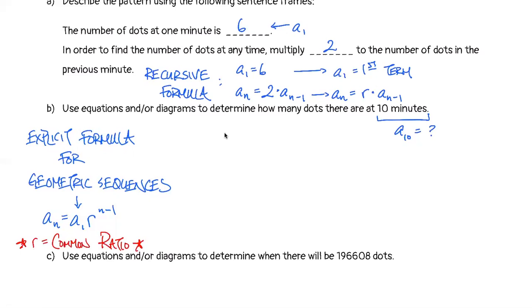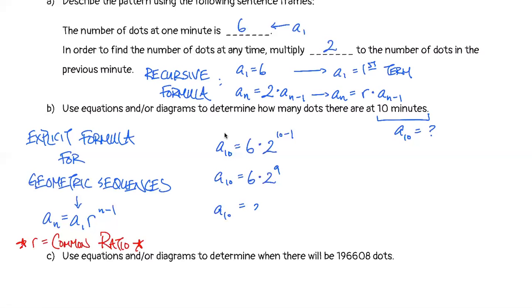And so if we take this formula, a sub 10, then we want to plug in 6 for our a sub 1 times 2 to the 10 minus 1 power. Okay, well, a sub 10 equals 6 times 2 to the 9th. And if we remember our order of operations, we do 2 to the 9th first, and then we multiply by 6.